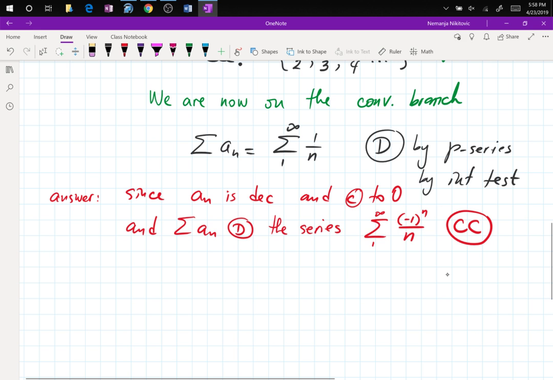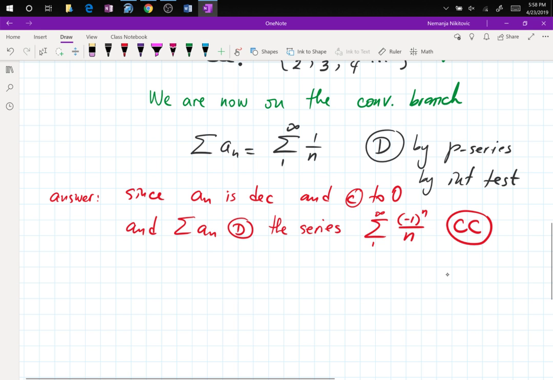So now all we need to do is 5,000 examples. There is nothing else to this test. The steps are already laid out for you. Take away the sum, take away the alternation, you are left with a_n. Check that the limit is 0. Check that it's decreasing.